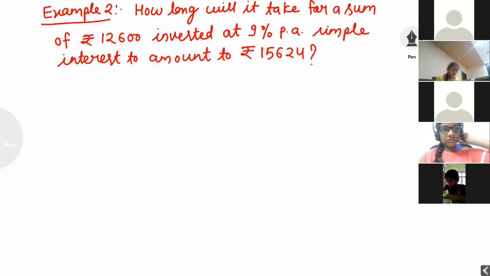Note down this question. How long will it take for a sum of 12,600 rupees invested at 9% per annum, simple interest to amount to rupees 15,624. Note down this question, everyone, very clearly.